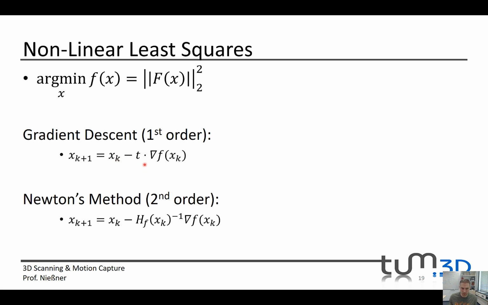Nothing fancy, right? So we have xk here, that's our current set of parameters. We're computing the gradient of the function at this point, and we're just updating the parameters according to the gradient direction. And we have a step size t here that's telling us how long we should go in this gradient direction. Then we get an updated step, and then we repeat this whole thing, right? This is gradient descent, so we repeat.